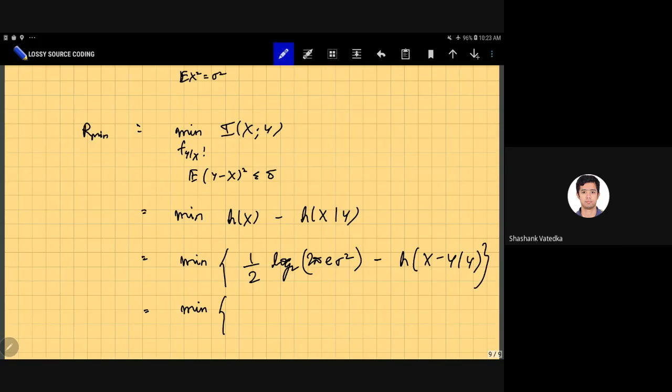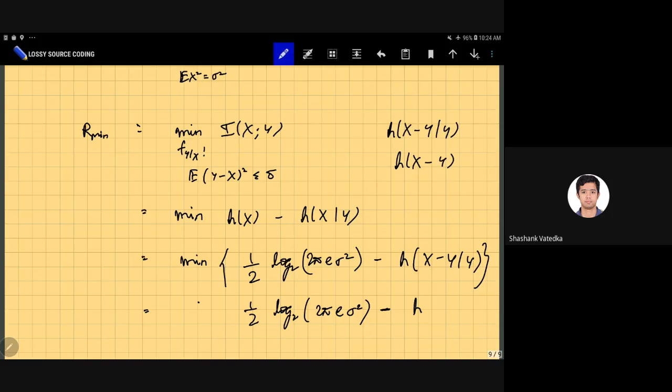Right? So this is half log 2 pi e sigma square minus h of x minus y given y. So this quantity over here, h of x given y. What can you say about h of x minus y given y versus h of x minus y?